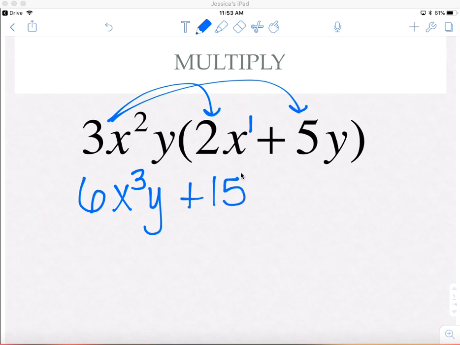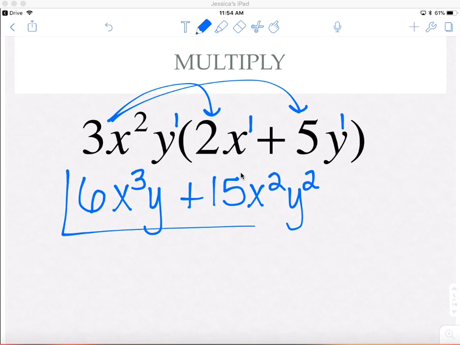I have an x squared. And y times y, remember y to the first times y to the first is y to the second. So you are looking at each base separately, multiplying the coefficients in front, adding your exponents. Since these are not like terms, I cannot combine them, so I am finished.